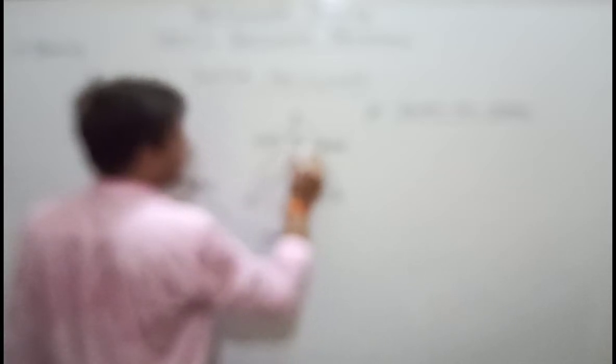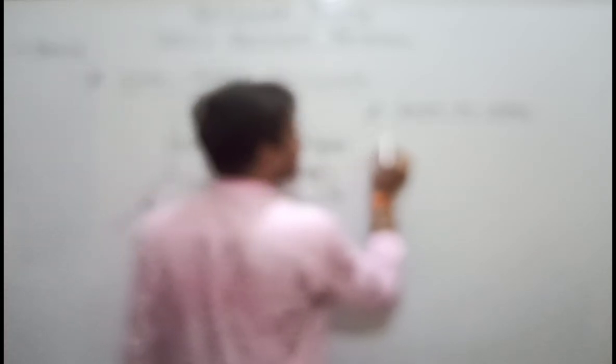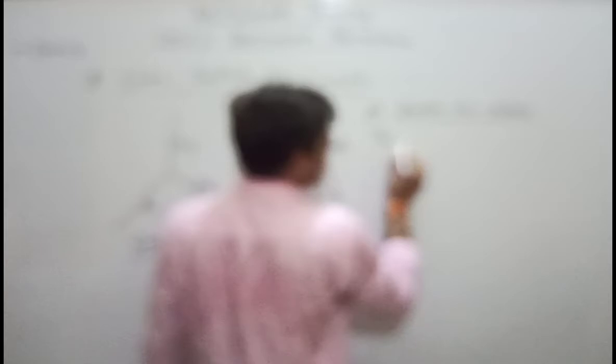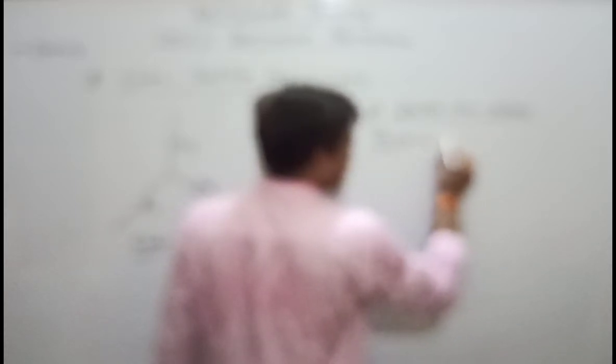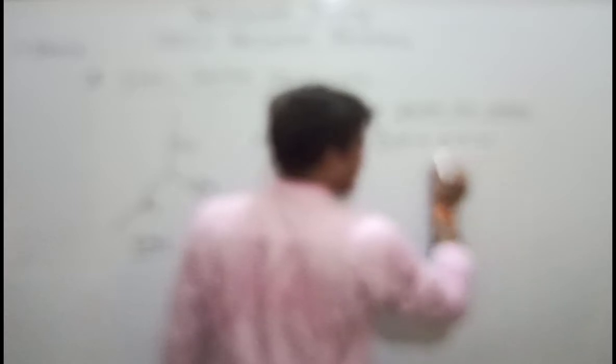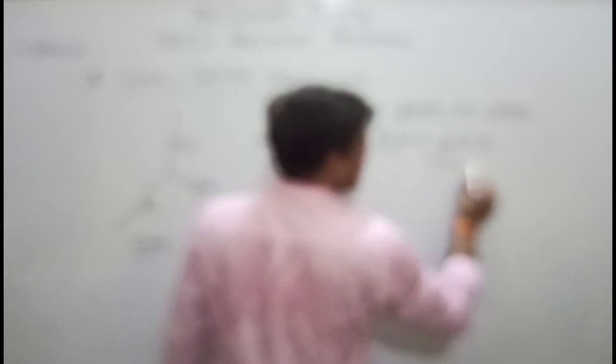Here RA, RB and RC. You have to convert this delta into a star network. Here you have to remember only one trick. The trick is, delta to star, D to S, that means divide by sum.